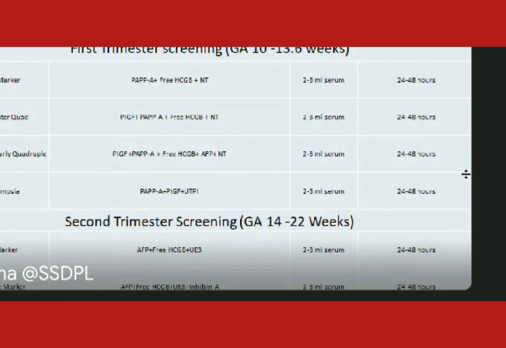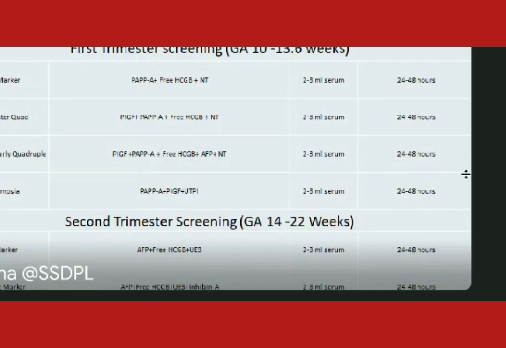Ma'am, one more question. In the 14th week, can we collect the sample? Because I was aware that in the 14th week we cannot collect any sample. Sorry, yes. Actually, Perkin Elmer and these people have started saying 14 to 22.6 weeks based on the moms.